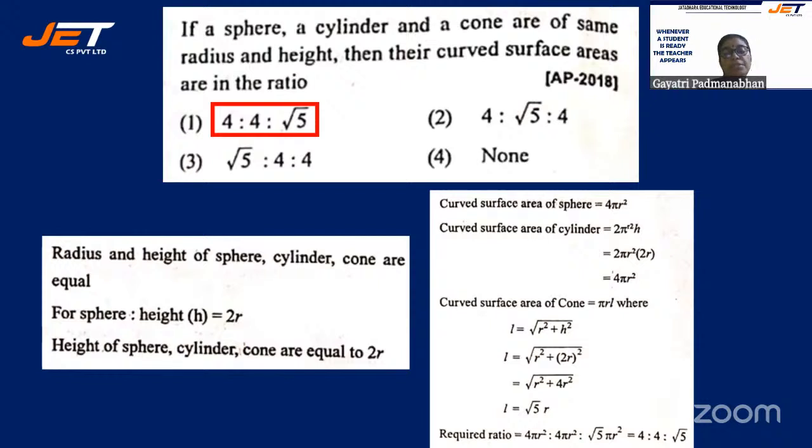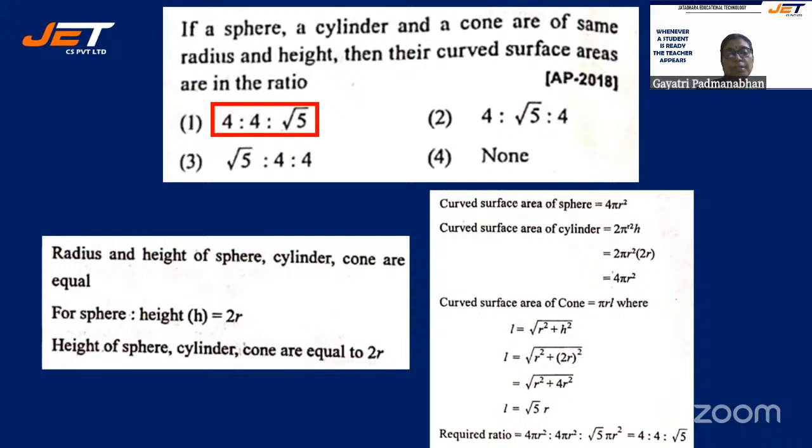Now curved surface area of sphere is, the formula is 4 pi r square. Curved surface area of cylinder is 2 pi r square h. But here the height is 2r, isn't it? So 2 pi r square into 2r, which is 4 pi r square.